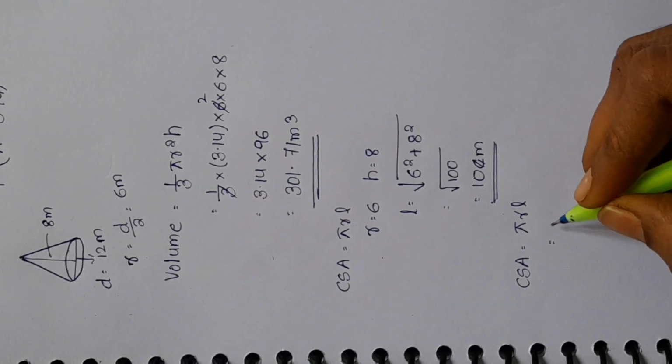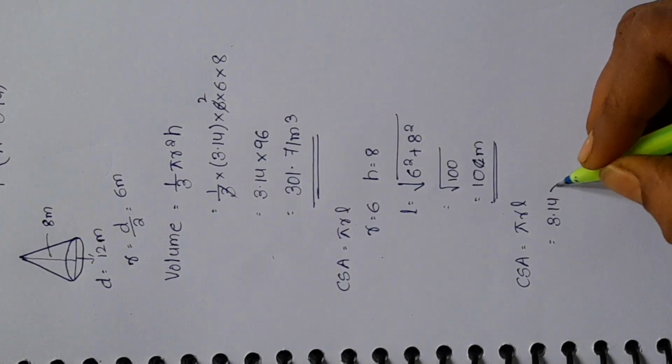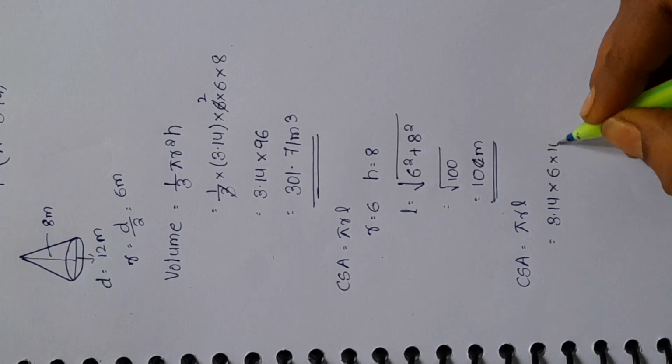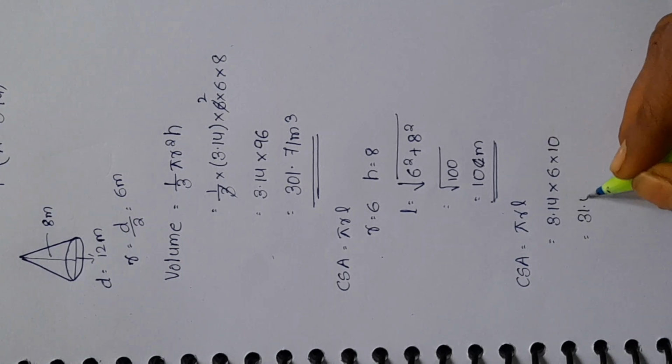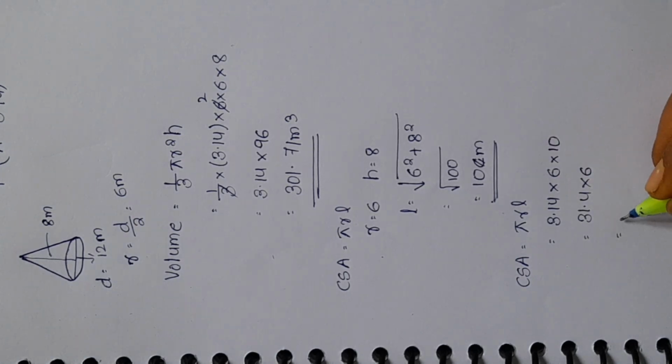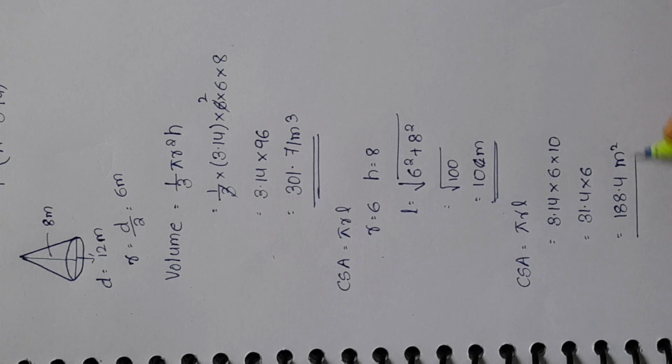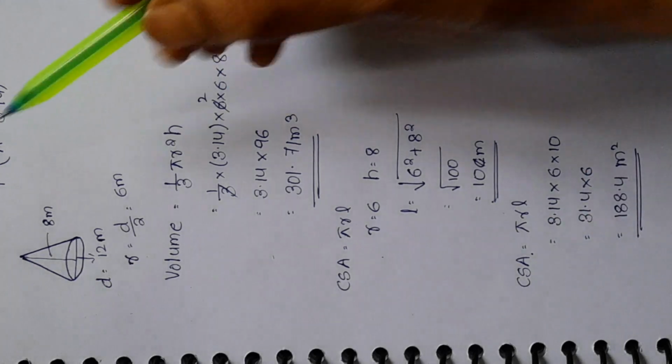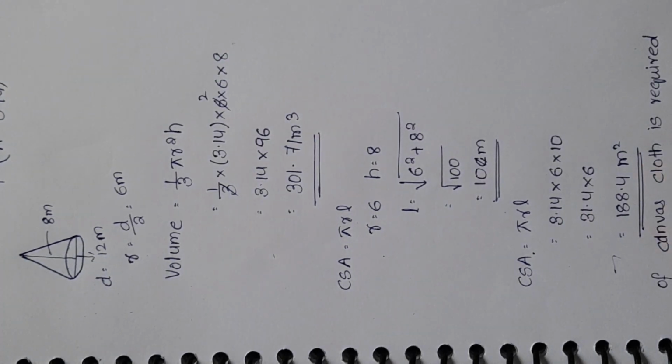Now substituting the values in this formula, 3.14 into 6 into L is 10. So 31.4 into 6. On multiplication, we get 188.4 meters square is the curved surface area, that is 188.4 meters square of the canvas cloth is required.